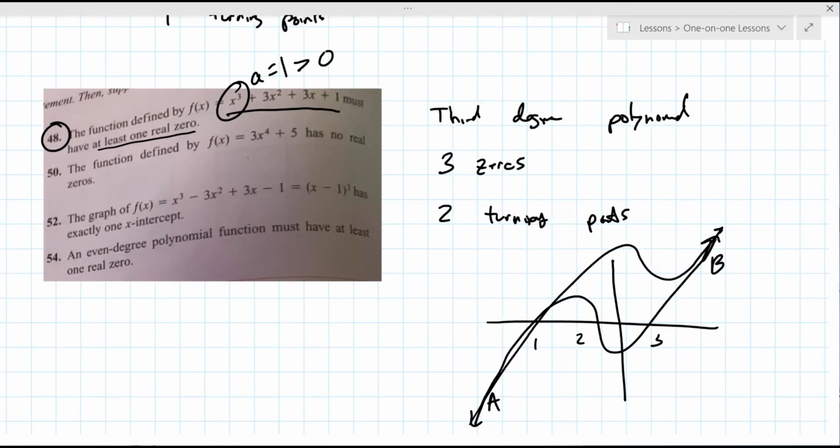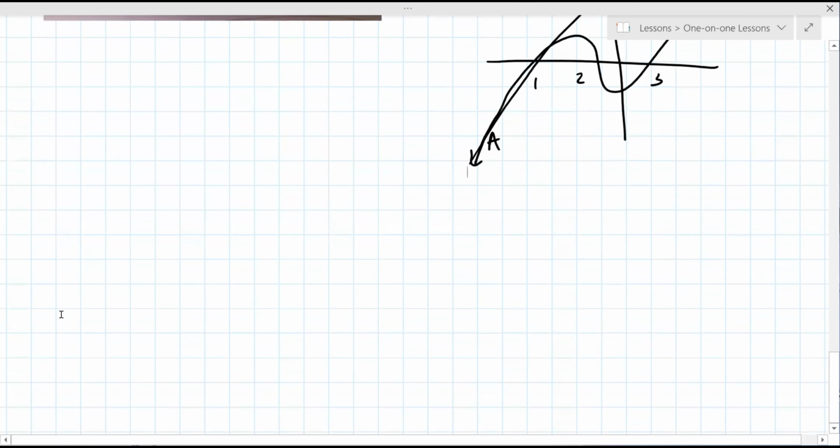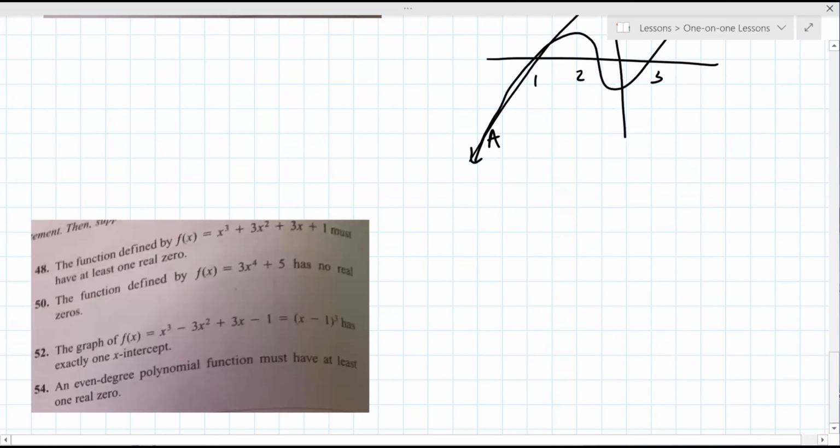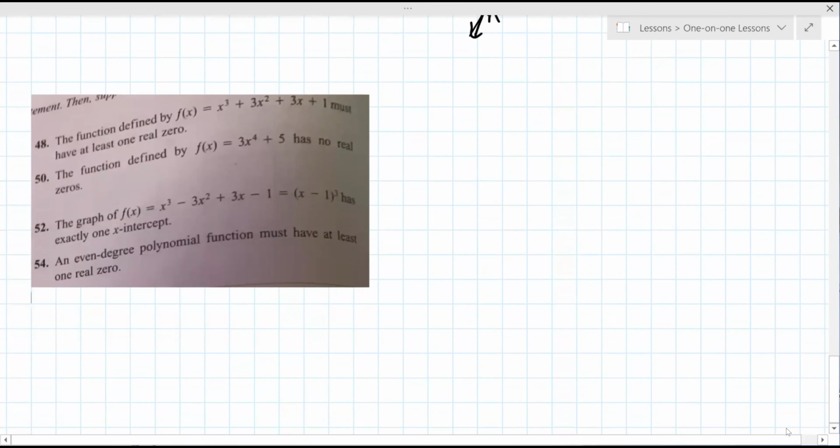Okay, let's look at 50 now. The function defined by this has no real zeros. Okay, so what that means is it never crosses the x-axis. So this is true. Sorry, I guess I haven't been saying whether they're true or false. The last one was true.